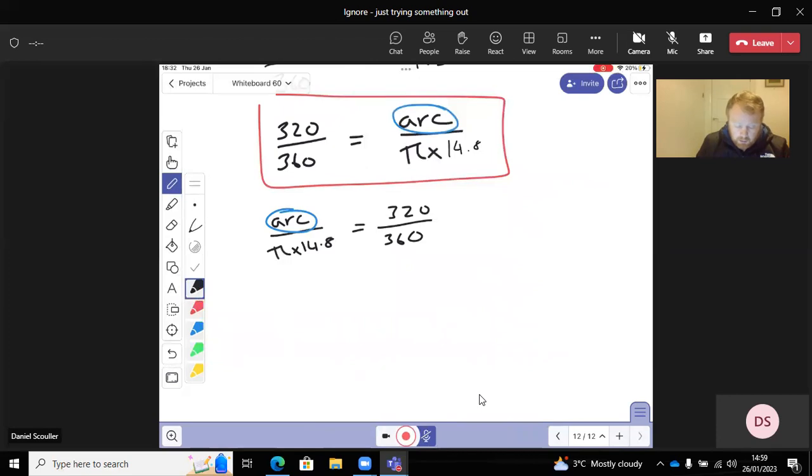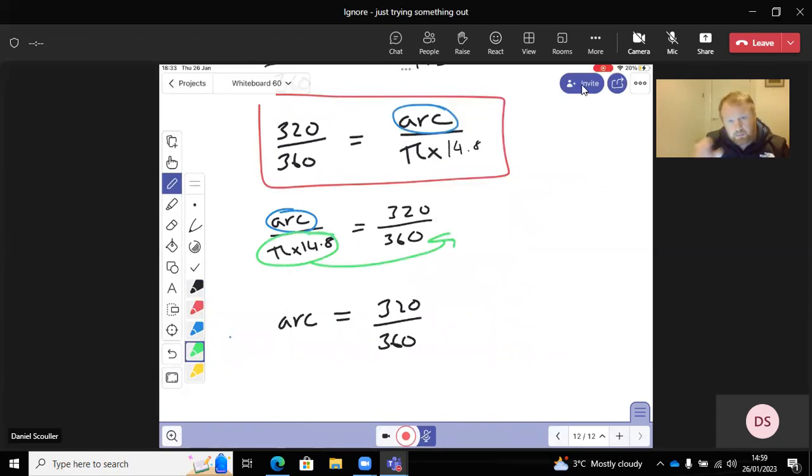So want to leave arc on its own. 320 over 360, want to take all that and move it over here. Want to take all that in the bottom and move it over. Both of these things on the left hand side, we're dividing the arc by it.